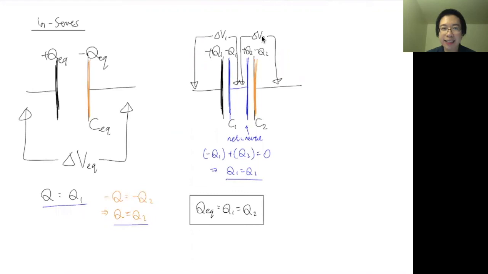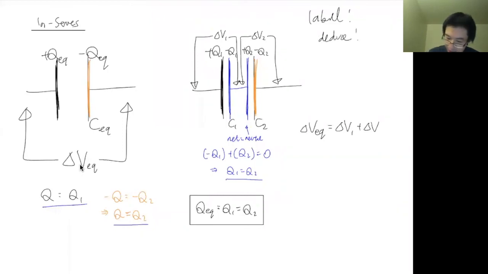Now let's look at the delta V's. So delta V1 plus delta V2 must be the big delta V equivalent. So that's another thing we learn from just looking at this. So learn how to deduce these relationships out of your labeling. So learn how to label it and learn how to deduce these equations out of this. Okay. So finally, I want to see how the capacitors relate.